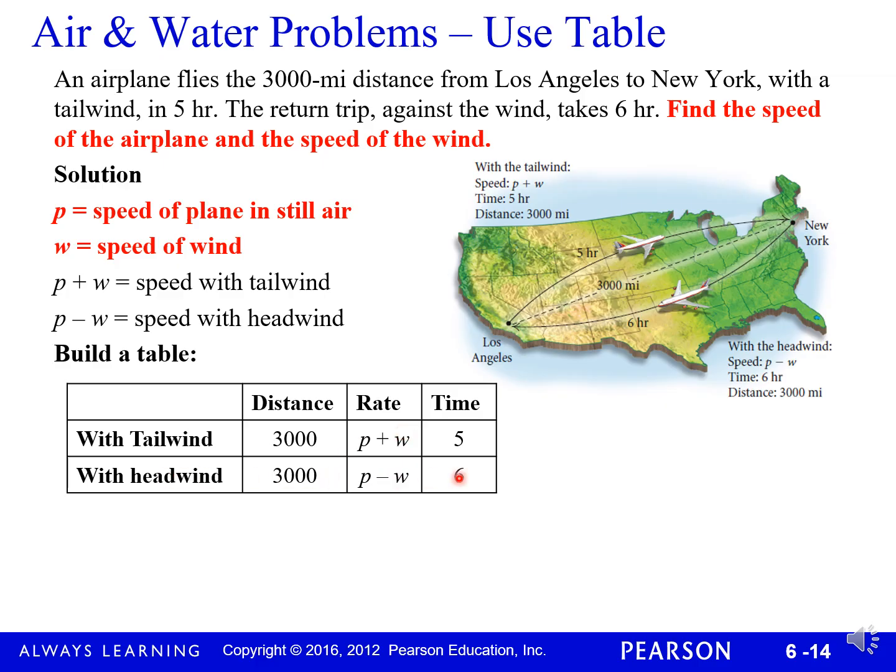And when we're facing the headwind, it's P minus W, and 6. Now remember, distance equals rate times time. Distance equals rate times time. So we get 3,000 equals 5P plus 5W.